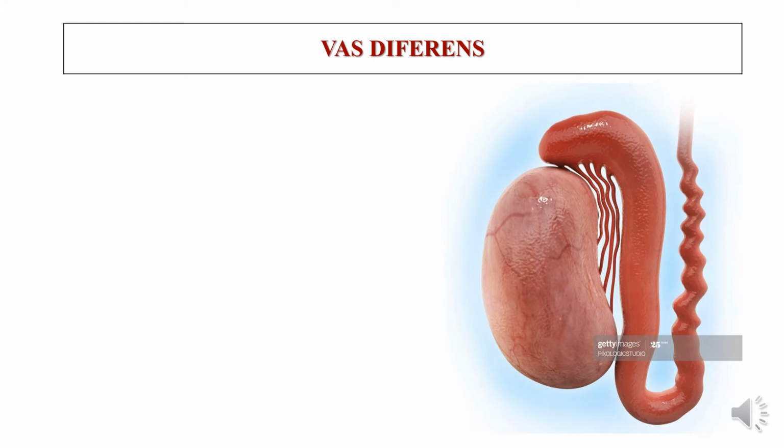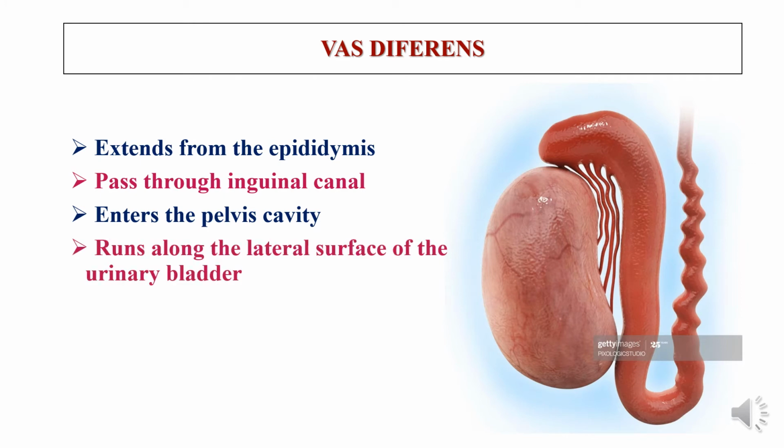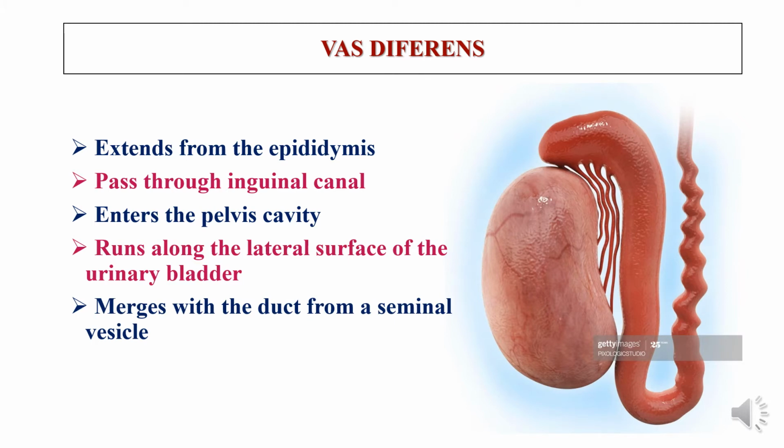Vas deferens. The vas deferens extends from the epididymis superiorly in the scrotum, passes through the inguinal canal and enters the pelvic cavity. It runs along the lateral surface of the urinary bladder and merges with the duct from a seminal vesicle, which is inferior to the urinary bladder.